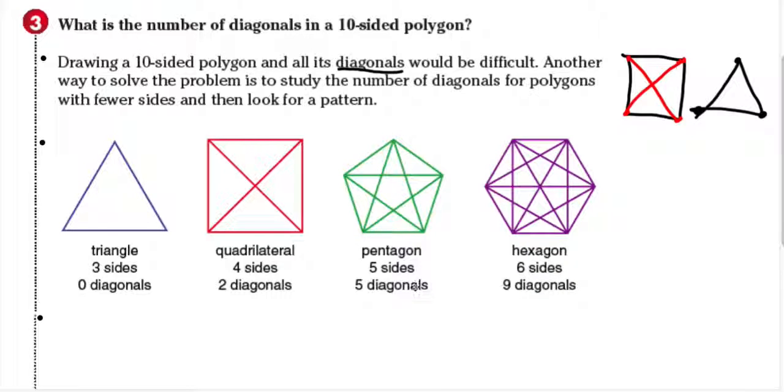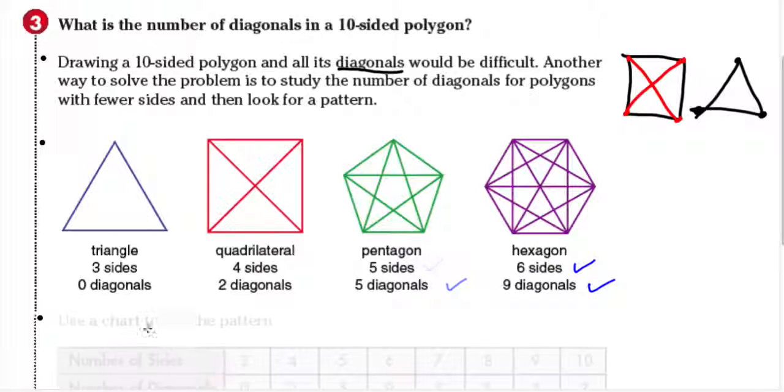The important thing we need to look at is the number of sides and the number of diagonals: 4 sides, 2 diagonals; 5 sides, 5 diagonals; 6 sides, 9 diagonals. Let's see how they relate to each other.